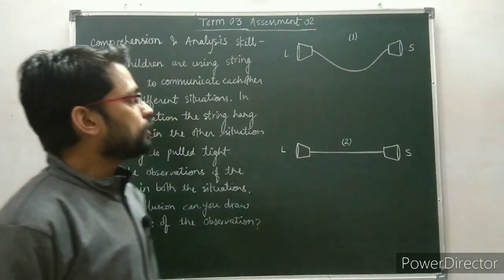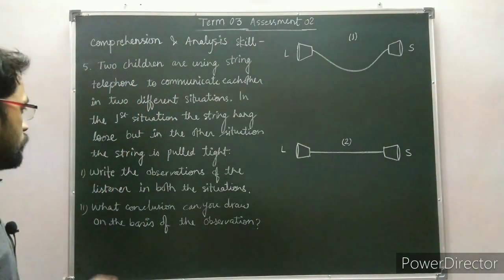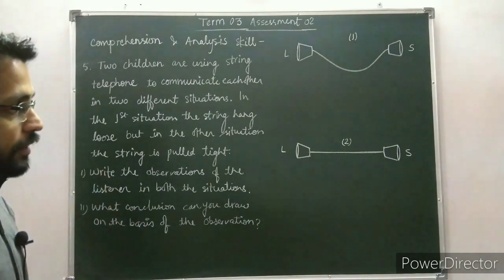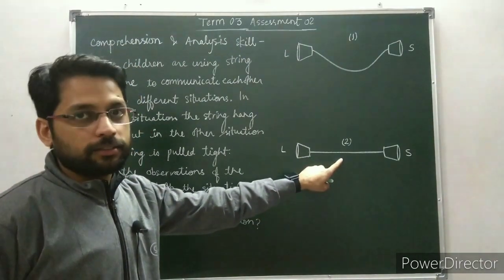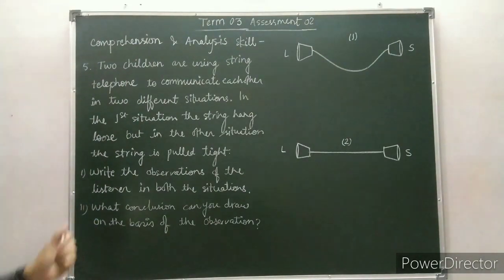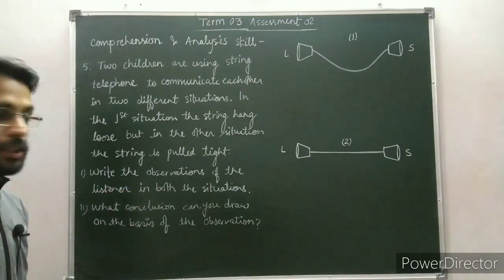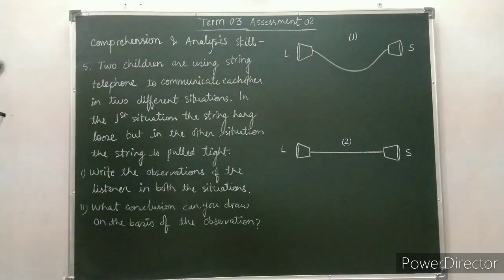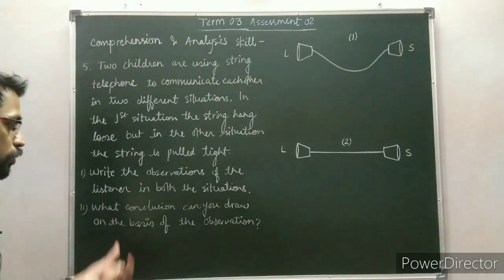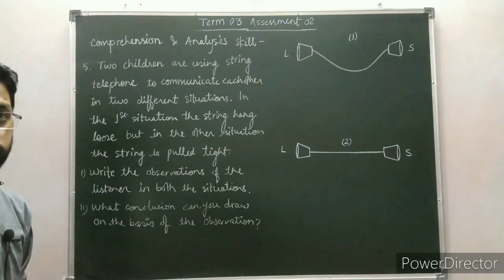This is situation 1. But in the other situation, the string is pulled tight. This is the second situation. The first part is, write the observations of the listener in both situations. And the second part, what conclusion can you draw on the basis of the observations?